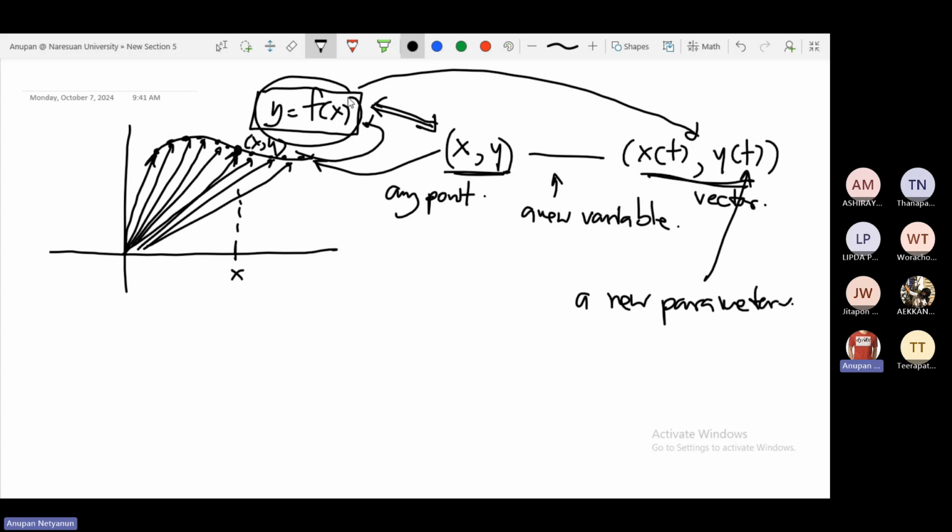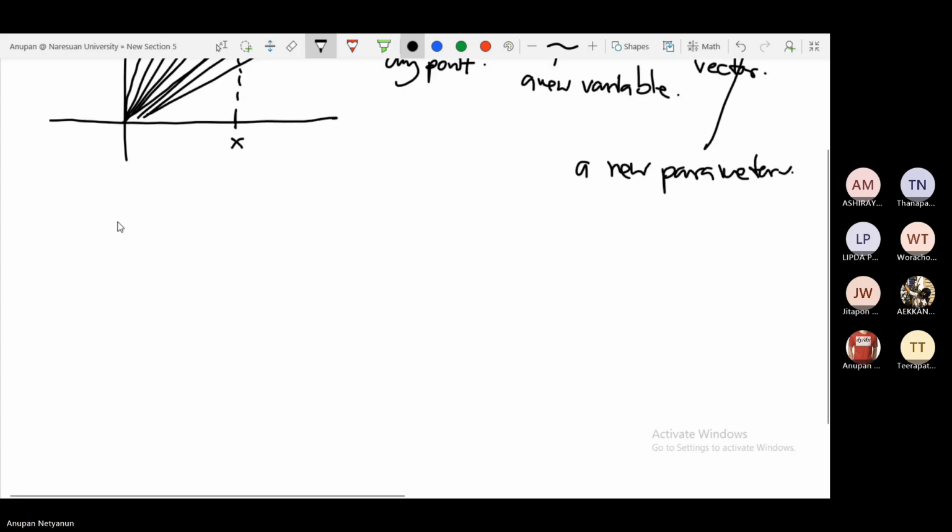For example, let me give you y equal to x squared. You know that this is the parabola, right?